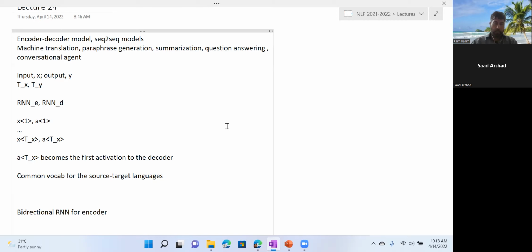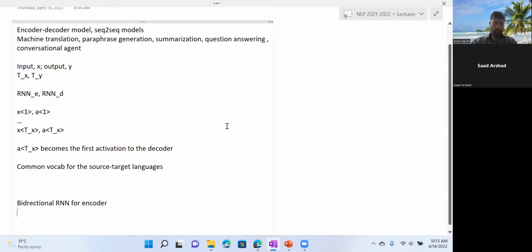But the more common approach is to use cross attention in the decoder. So we talked about the attention mechanism when we were discussing the transformer. In that particular case, we call it self-attention because attention was based on the same sequence.